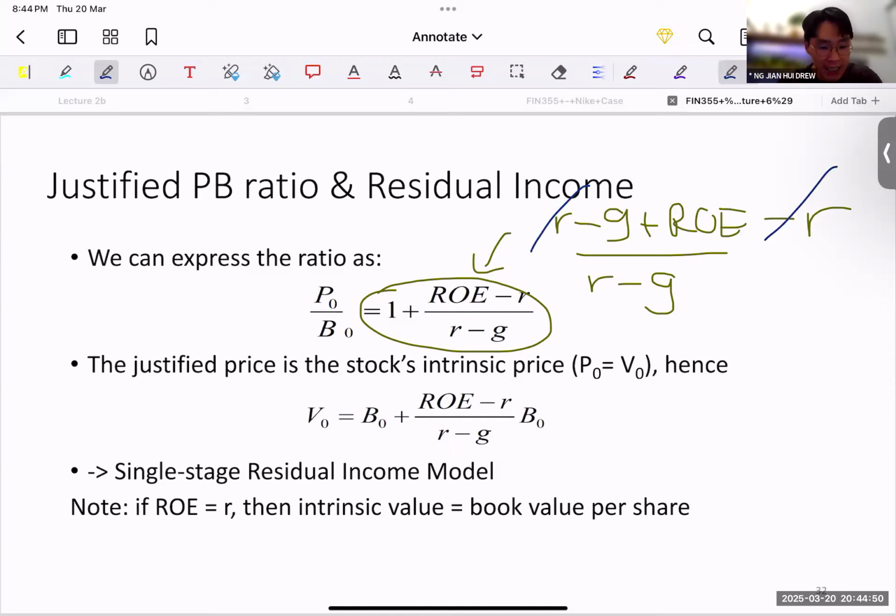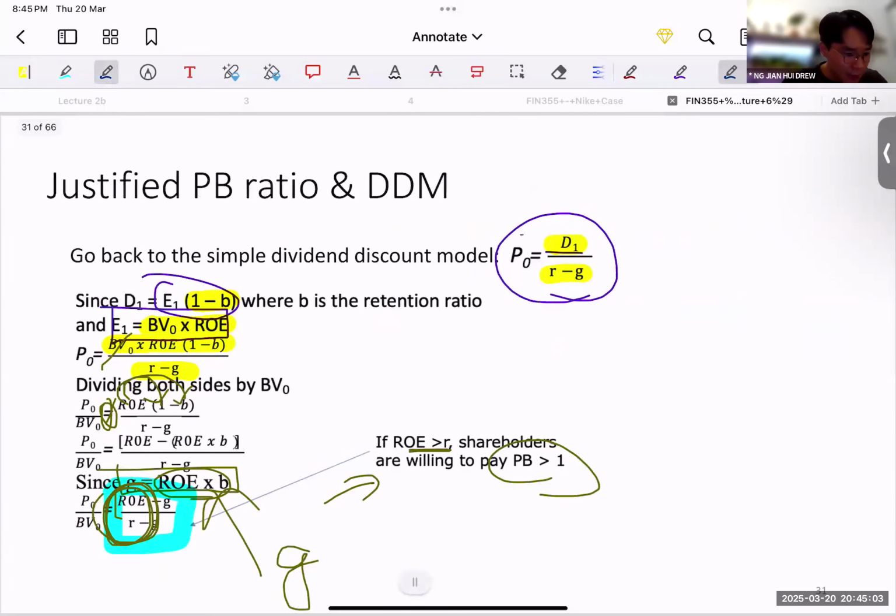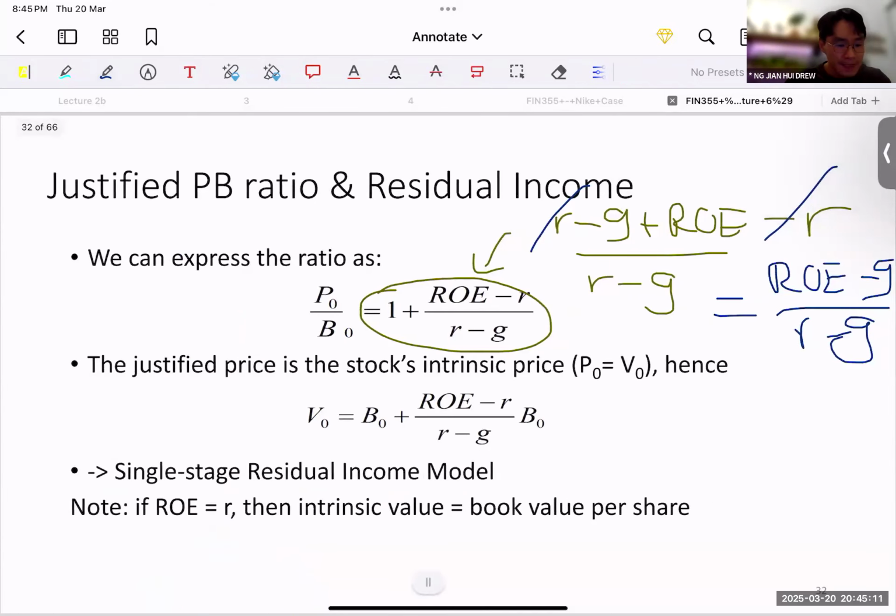We have R and R cancel out, which gives us ROE minus G over R minus G, right? This is our resultant. Do you notice that this ROE minus G divided by R minus G is exactly what we are talking about here? ROE minus G divided by R minus G, right? So basically, this formulation now that we have it here looks very similar to this residual income model.